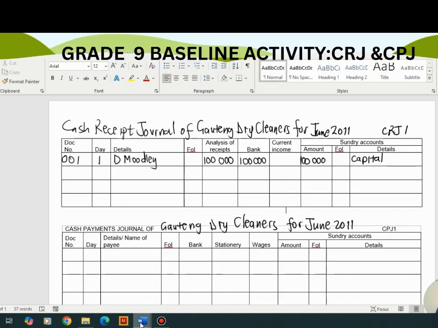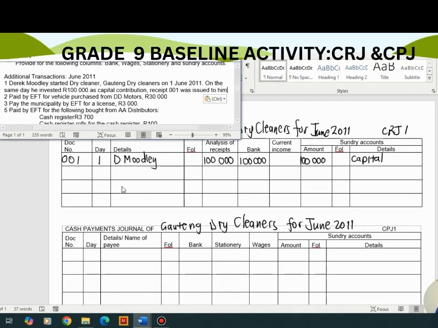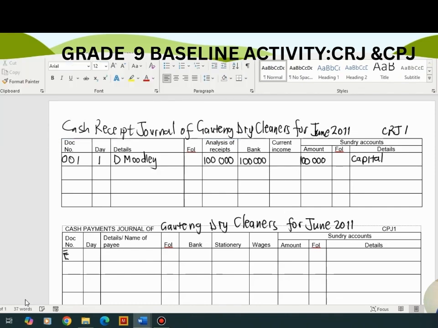Can I move on to the next transaction? The next transaction is paid by EFT for vehicle purchase from DD Motors. This is on day 2. So this transaction goes to the cash payment journal. In the cash payment journal, the source document is EFT. Then the day is 2.